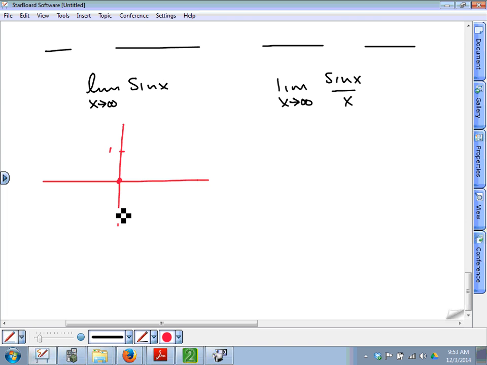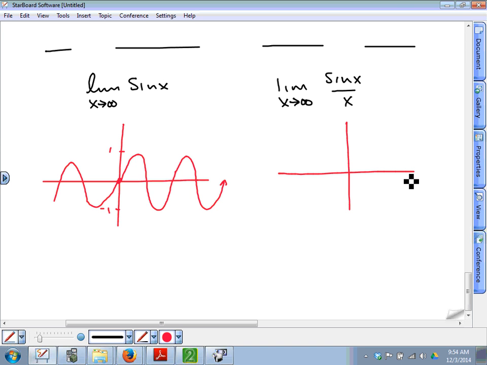It is a terrible picture, but anyway, you get the idea, and it goes in both directions. Oh, that's ugly. Now over here for the sine x over x, I want you to draw this picture.